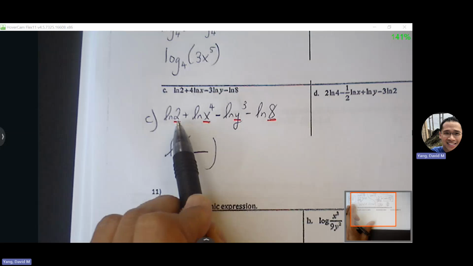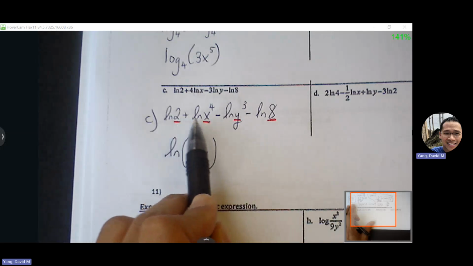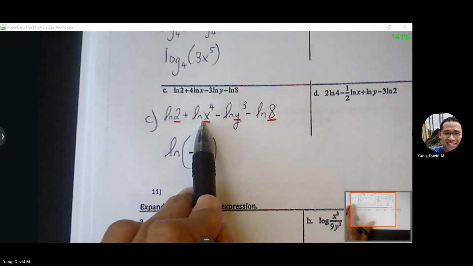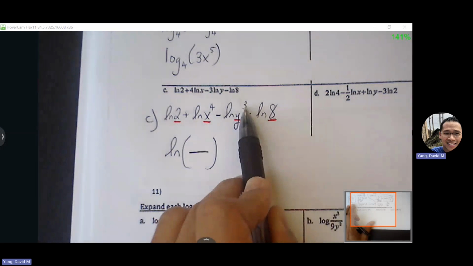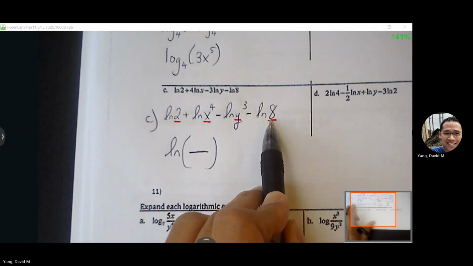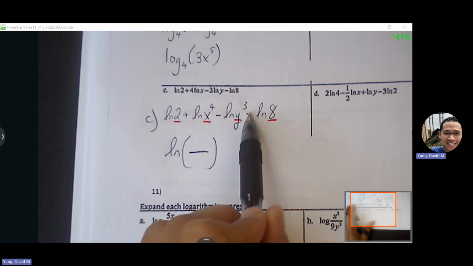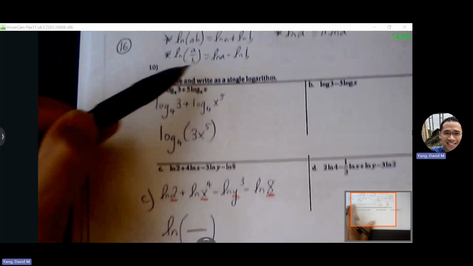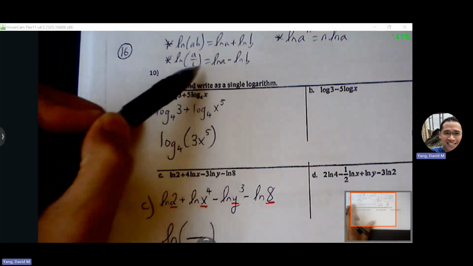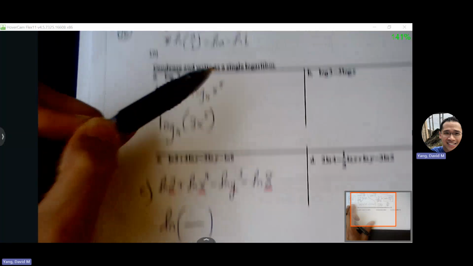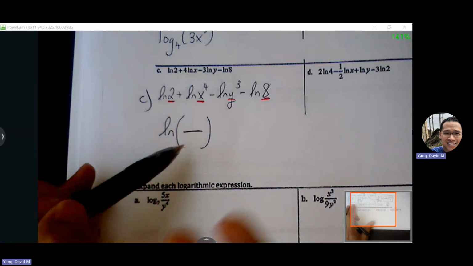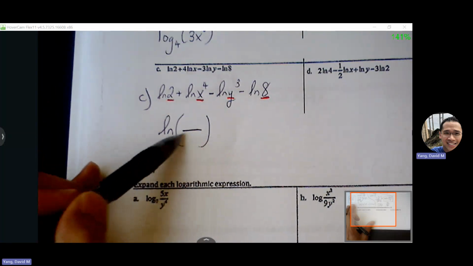So the 2 and the x to the 4th, where can I put these? Numerator, okay. And the y cubed and the 8, we'll just put them in the denominator. Don't have to worry about, wait, I have to carry the negative over. The negative is taken care of with the denominator. Basically, the negative is going to force it into the denominator, so we're not going to worry about having to add negatives.